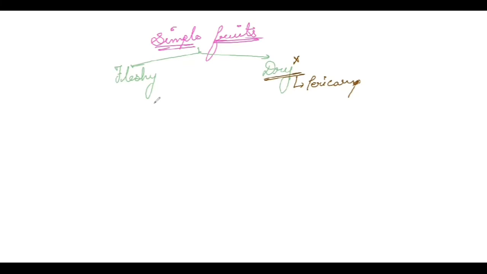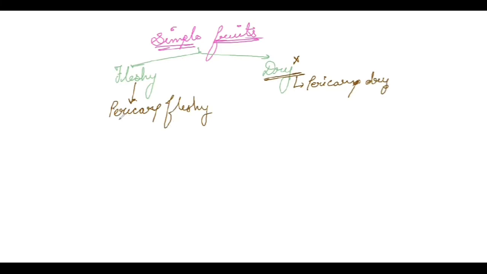Fleshy fruits will have the fleshy pericarp. The pericarp or the fruit wall becomes swollen. In fleshy fruits, what is happening? Pericarp is fleshy, and in dry fruits, what was that? Pericarp was dry. Okay.